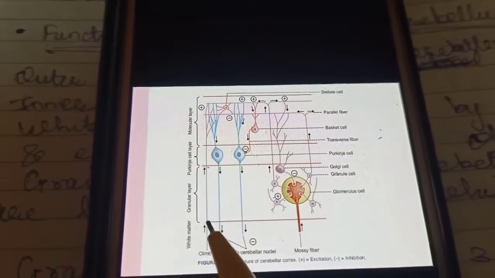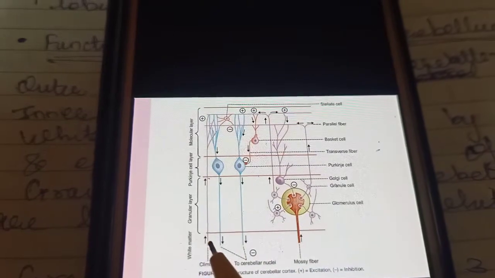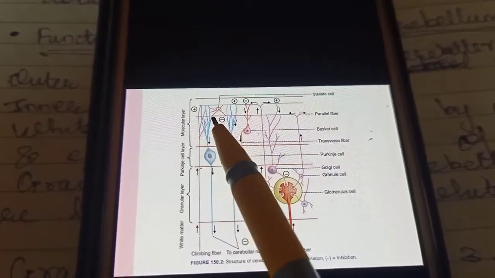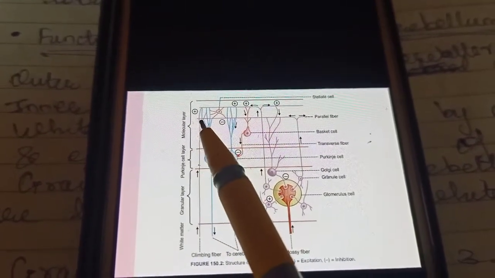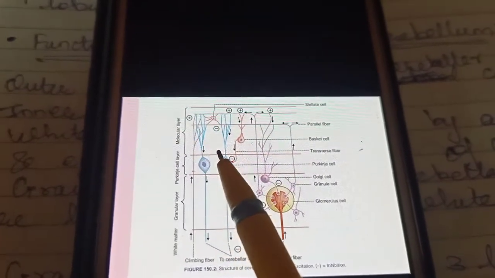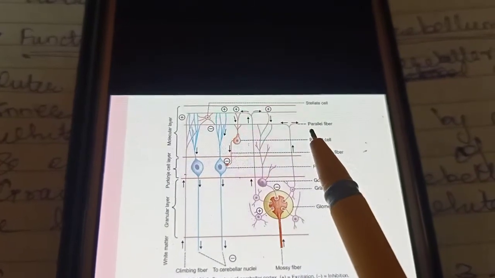We can see here the dendrites of the Purkinje cells. These are the Purkinje cells. The dendrites are synapsing with the climbing fibers, and also with the parallel fibers. You can see here, this is the synapse.